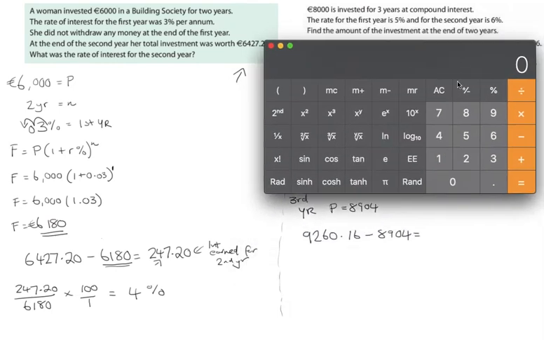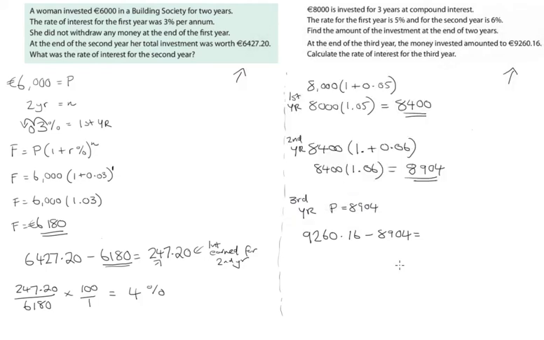9,260.16 minus 8,904. It's 356.16. This is the amount of interest earned in the third year.